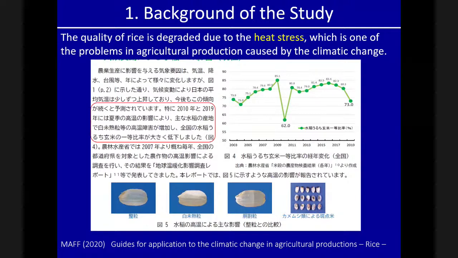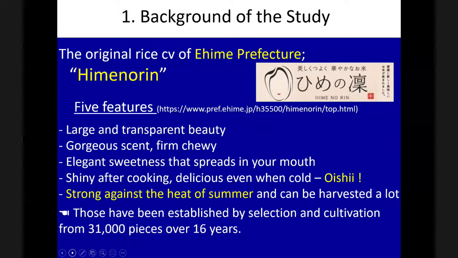Anyway, all right, let me show these slides. Basically, I started this study to investigate the heat tolerance mechanism, as I said. Ehime Prefecture developed a new cultivar called Himenorin.